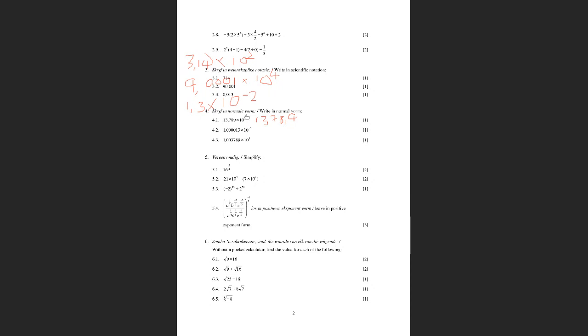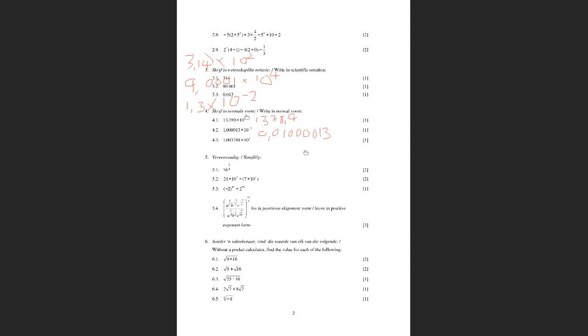So it will move 1, 2. So it's going to be 0,0 1 0 0 0 0 0 1 3. Then we write it in normal form.